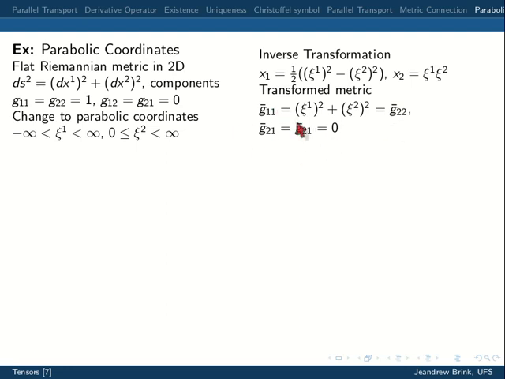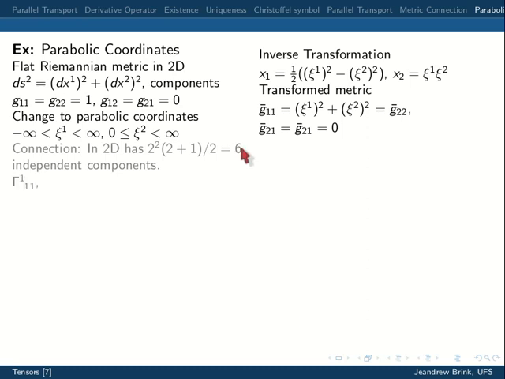That's just some of the preparatory work we did the last time. So now we want to work out our connection for these metrics. Because we're working in two dimensions, let's see how much work we have to do. We have to work out the 6 independent components of the connection.